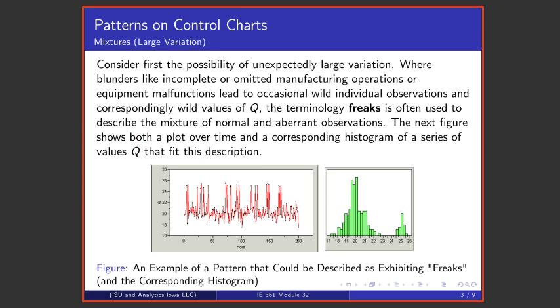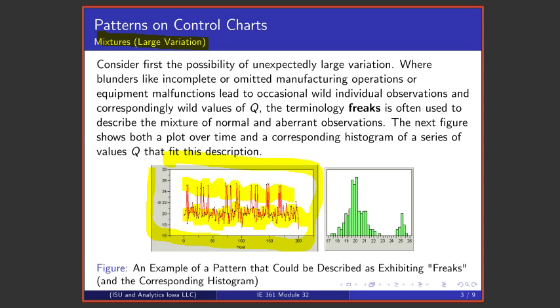Here's one kind of mixture. This is a kind of mixture that produces large variation on a control chart. You might think of a situation where plotted values of some statistic look like the plotted values on the left, and basically there's a large part of those that are down at this level, but then there are a few of them that are up at this level.